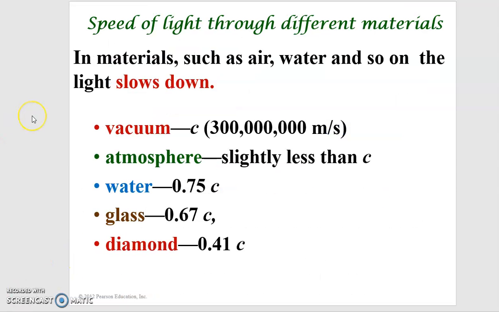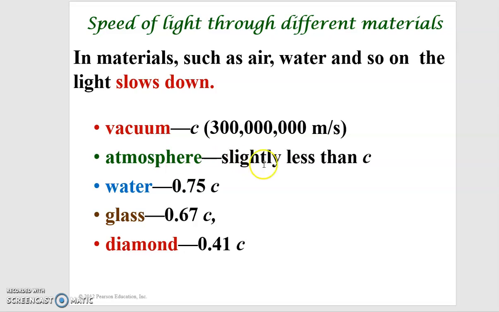So why are we going to introduce that? Even though the light doesn't need any material in order to propagate, it can propagate in different materials, and the speed of light will be different. In a vacuum, the speed of light is fastest. But when you propagate the light in the atmosphere, when you start to have particles like air particles, the speed of light will be slowed down.